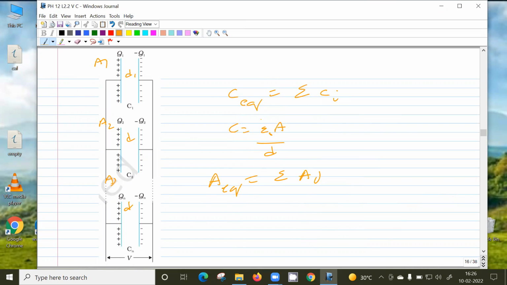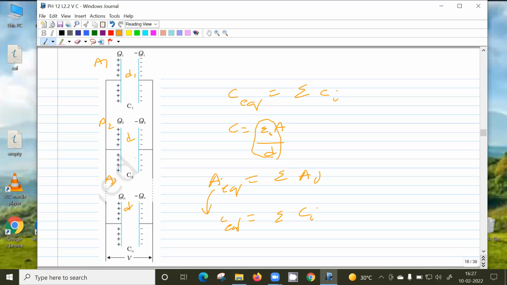This epsilon naught by D, I can cancel on both sides, and it will become C equivalent equal to the summation of Ci. The factor of epsilon naught by D is the same for all the capacitors, so that will cancel. So from this I get this relation. Is that clear? So when I have parallel capacitors, assuming the D's are the same, the areas get added up.